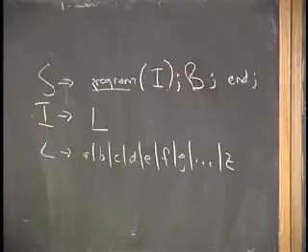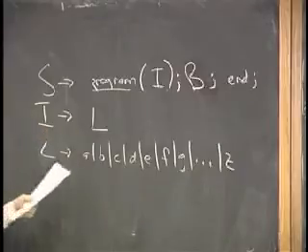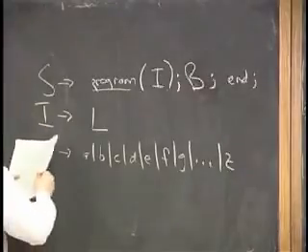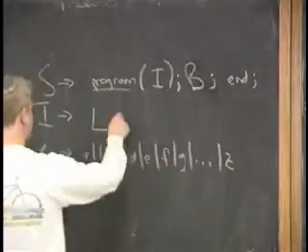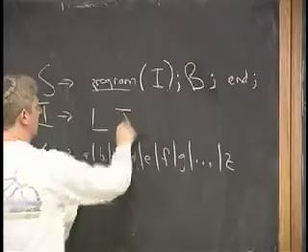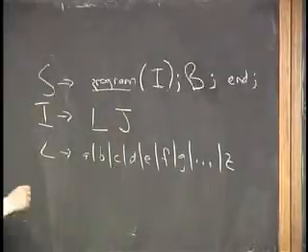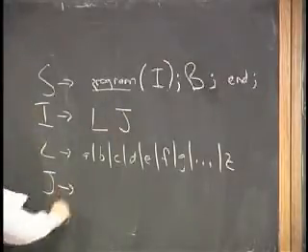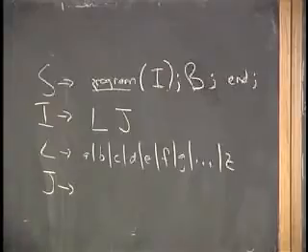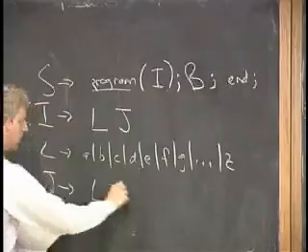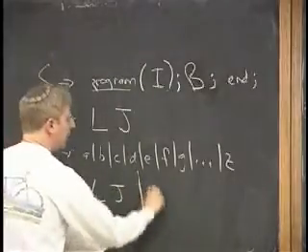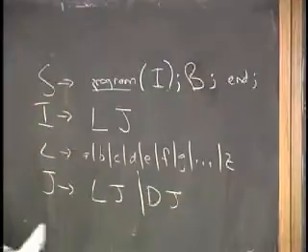So it can be a letter. And after a letter, it can be followed with a continuation, which I'll call J. Here's the continuation. You can have another letter followed by that continuation, or you can have a digit followed by that continuation.